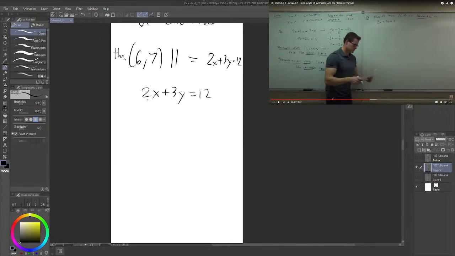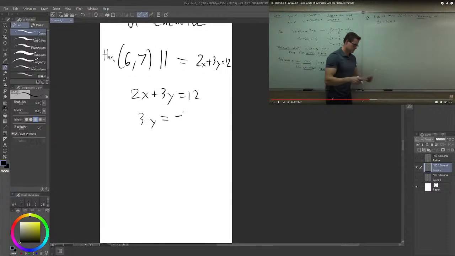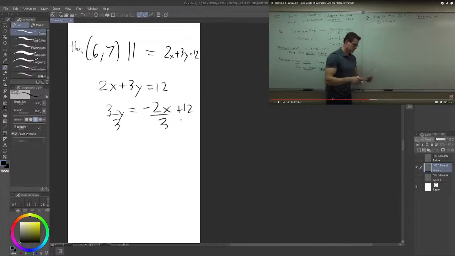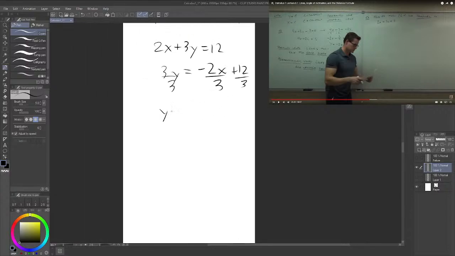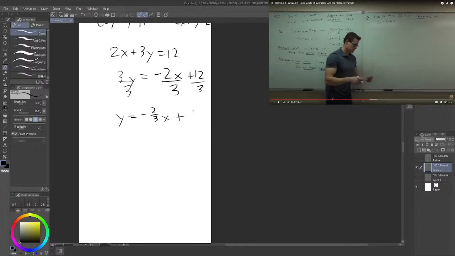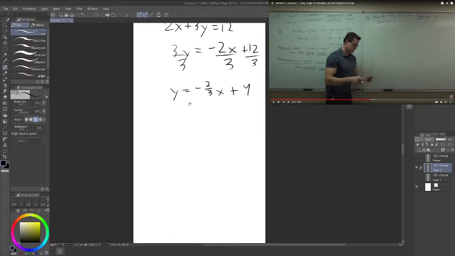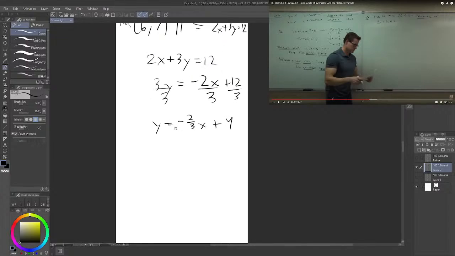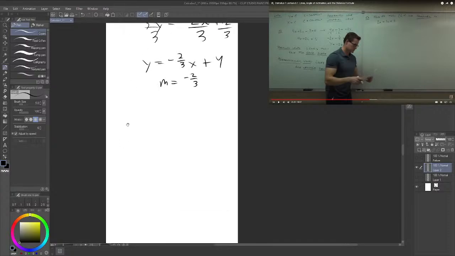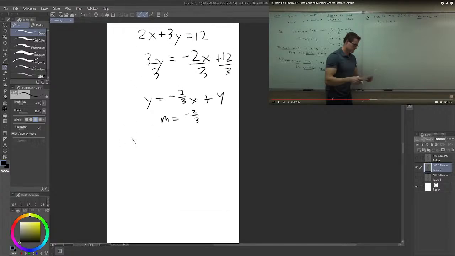So 3y equals negative 2x plus 12, divided by 3. Y equals negative 2/3 x plus 4. Okay, so then slope is negative 2/3. Plug that into point slope.